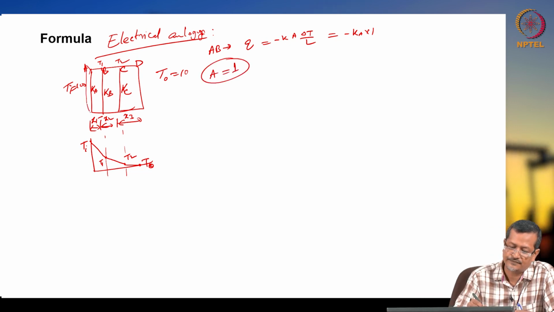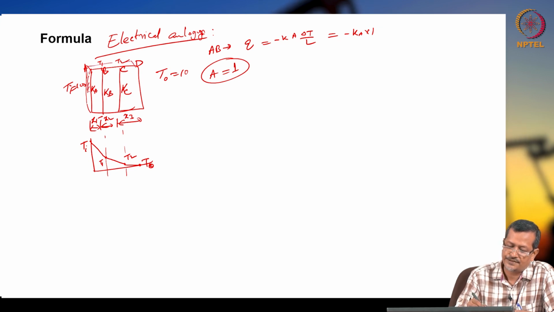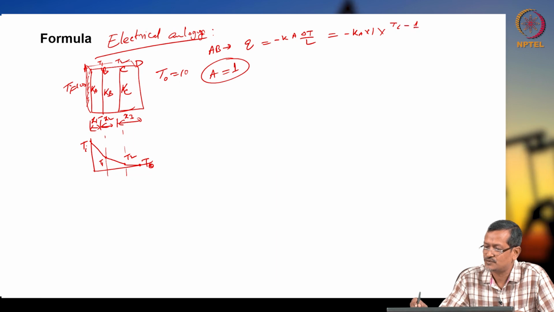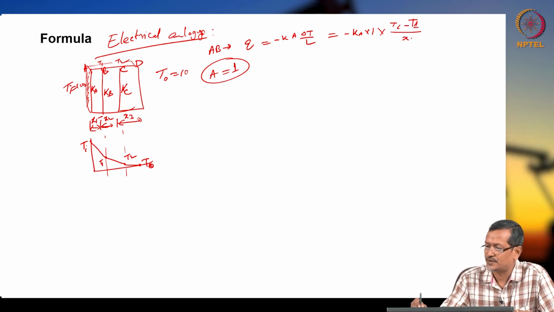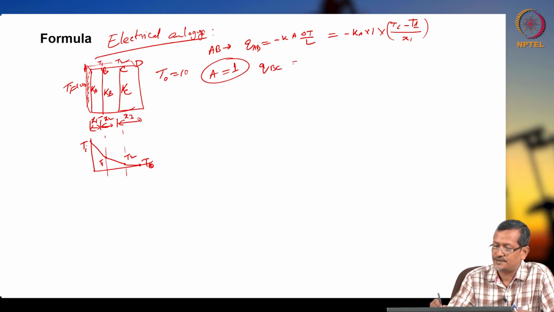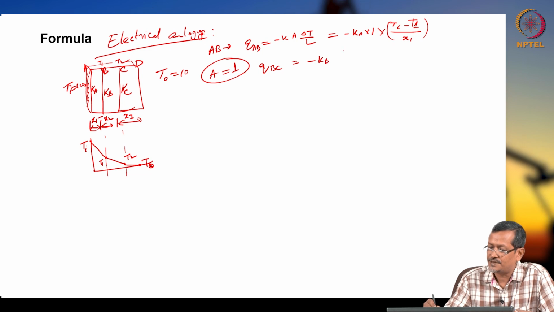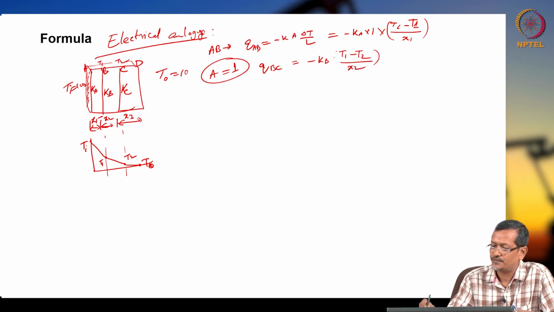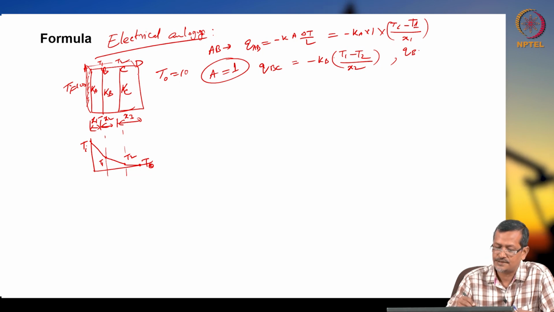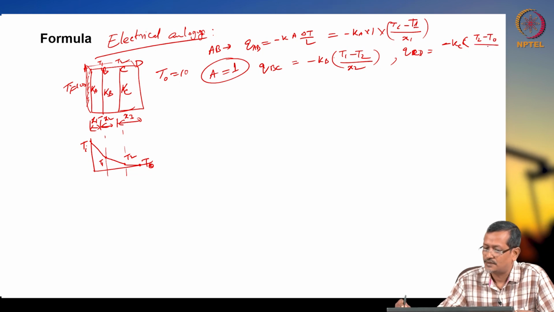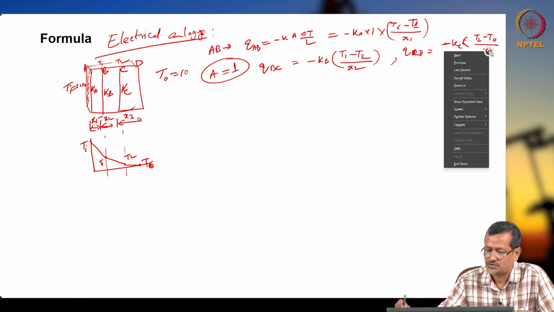Delta T equals Ti minus T1 and L is x1. Similarly QBC equals minus KB times A1 times T2 minus T1 divided by x2, and QCD equals minus KC times T2 minus To divided by x3.